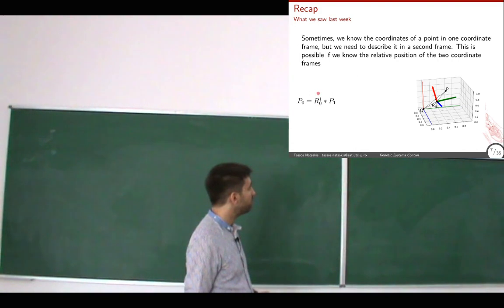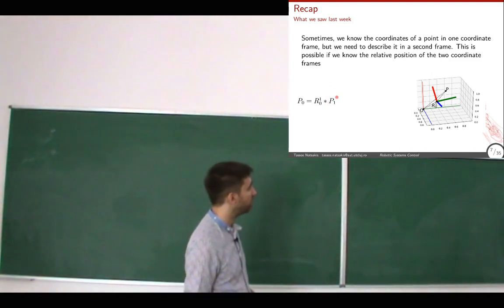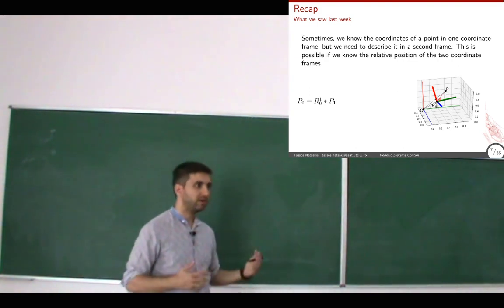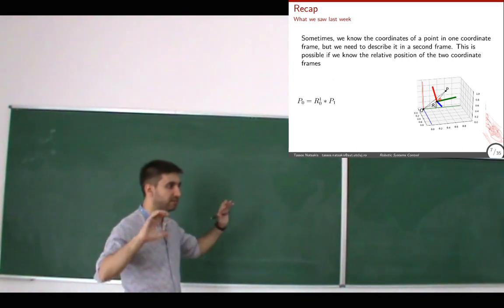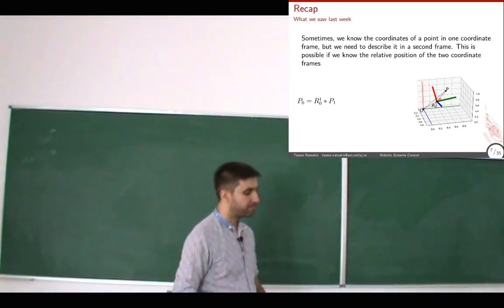We do this by multiplying the transformation from frame 0 to frame 1, from the left, with the coordinates of the point expressed in coordinate frame 1. Okay? We saw that this is useful in robotics when we have different systems knowing things in their own coordinate frame.